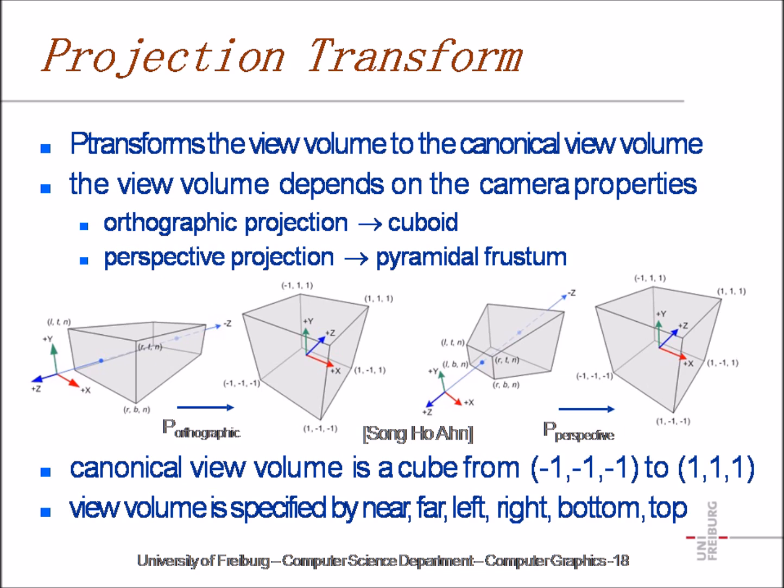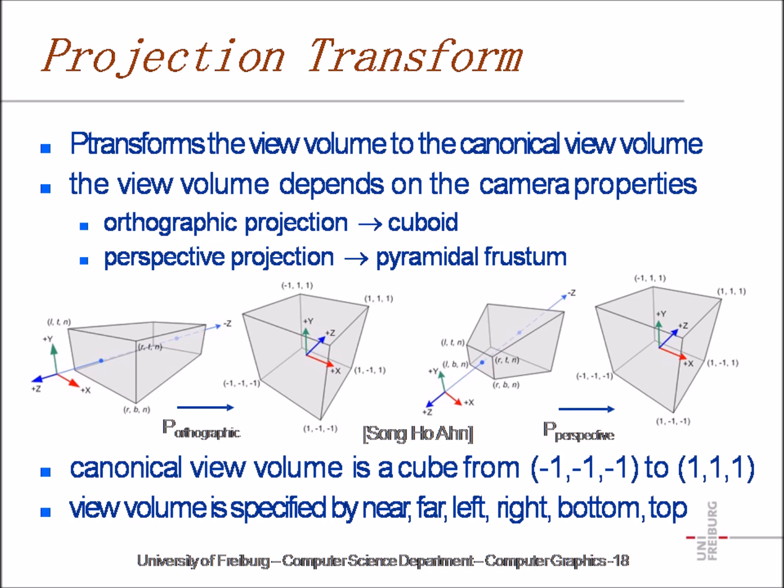In this slide, you can see the demonstration of projection transform with the help of a figure. As I already told you in the previous slide, projection transforms the view volume into the canonical view volume. Also, the view volume depends on camera properties. These are orthographic projection or cuboid and perspective projection or pyramidal frustum.